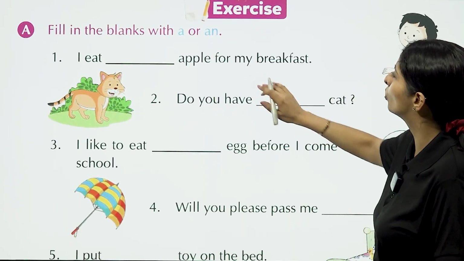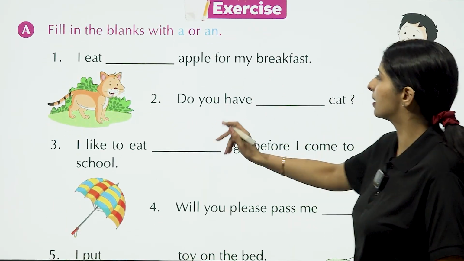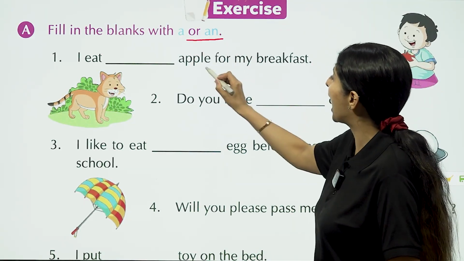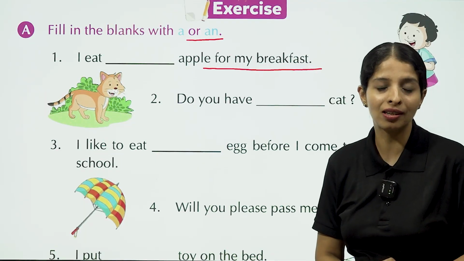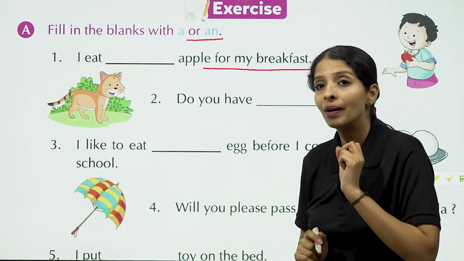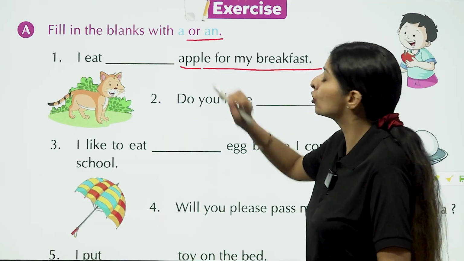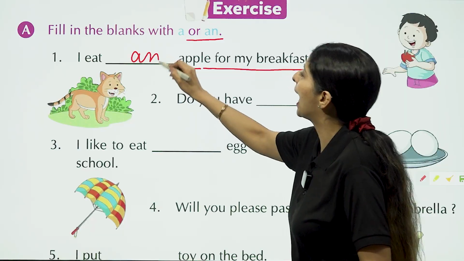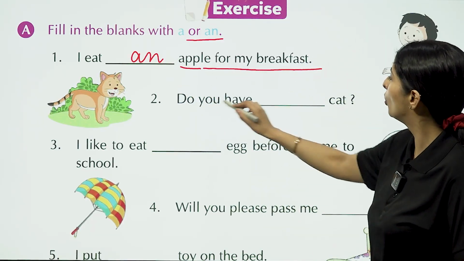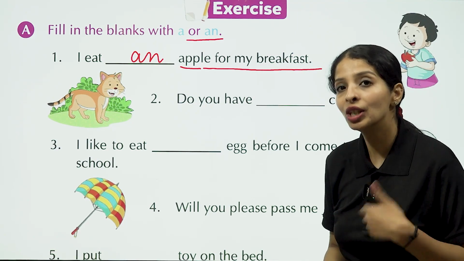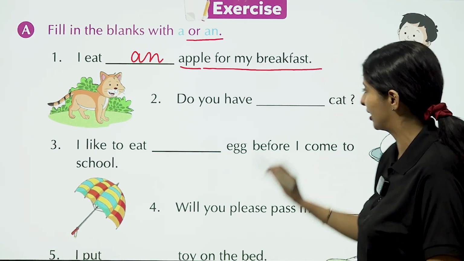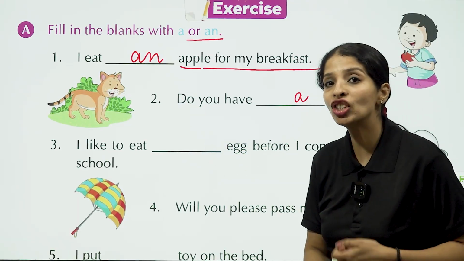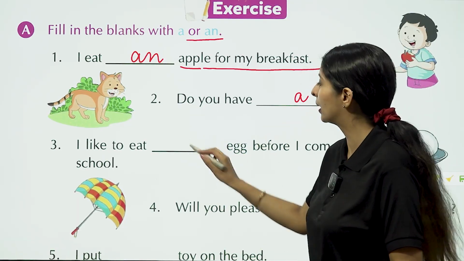Now practice this exercise. Fill in the blanks with a or an. I eat dash apple for my breakfast. An, a or the? Which will you use? Apple starts with a vowel sound. So I eat an apple. Do you have a cat? I like to eat dash egg. Egg, vowel sound.